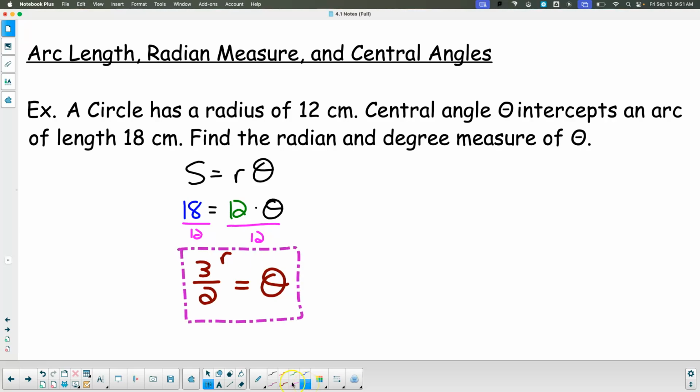Now I've got to take 3/2 and multiply it by, because that was radians, so I'm going to multiply that by 180 degrees over pi radians, and that's going to give me what? 270 over pi degrees.